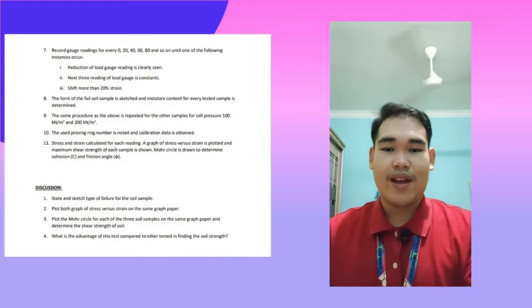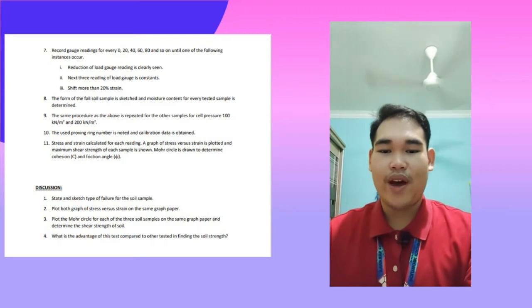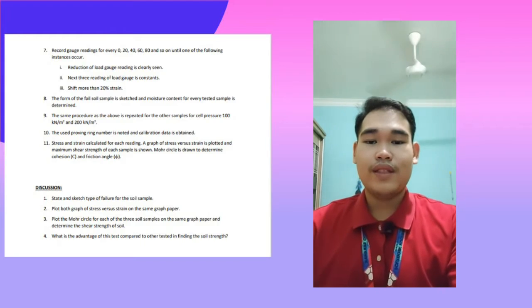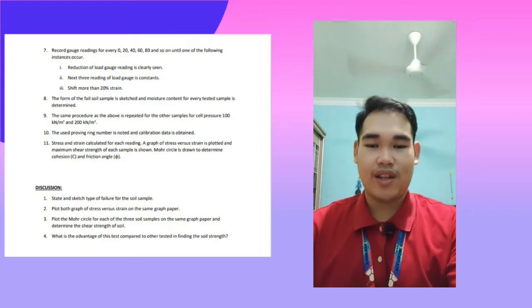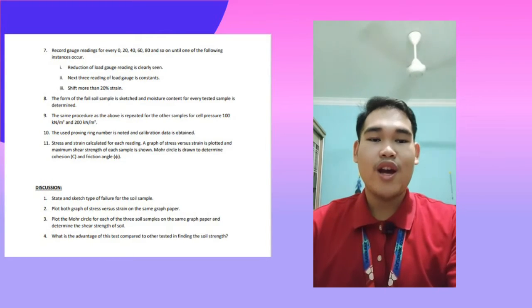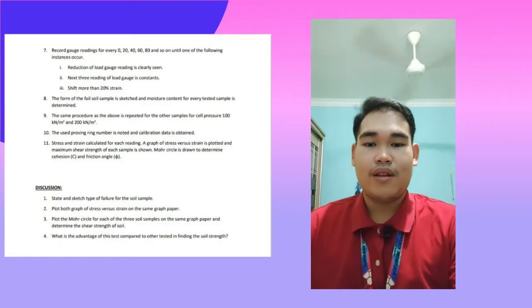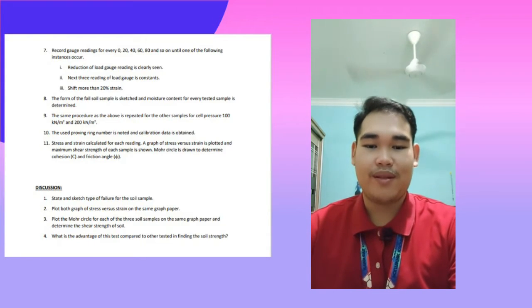Procedure number 8: the form of the failed soil sample is sketched, and moisture content for every tested sample is determined. The same procedure is repeated for other samples, for cell pressures of 100 kN per meter square and 200 kN per meter square. The used proving ring number is noted, and calibration data is obtained.